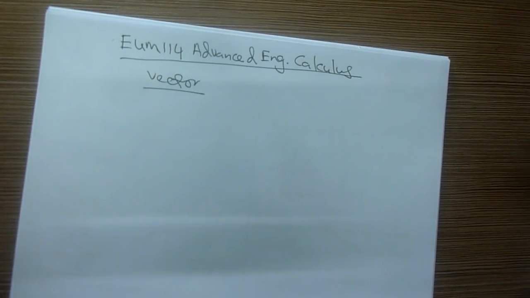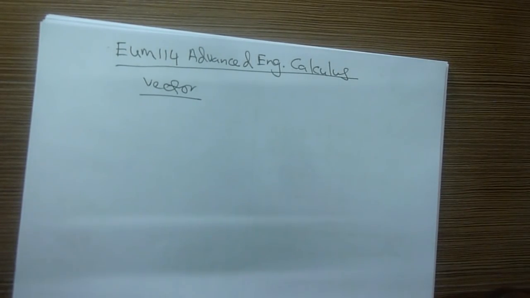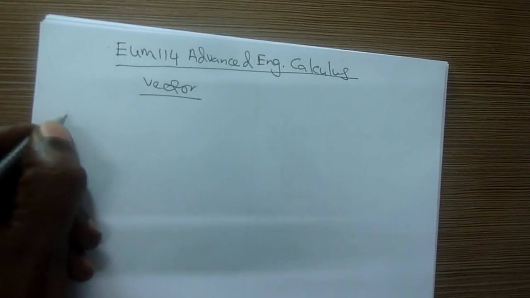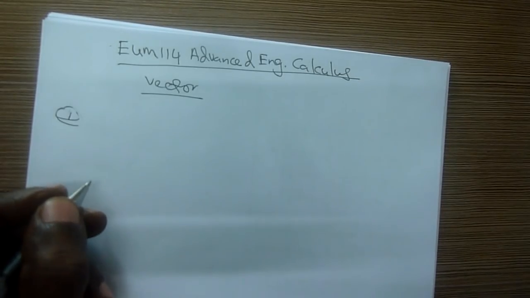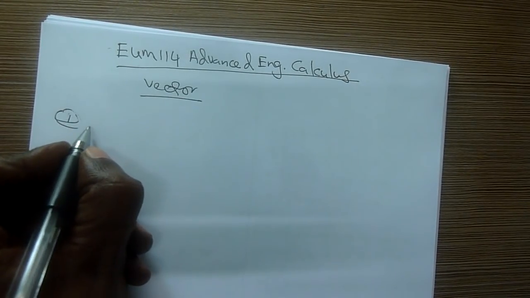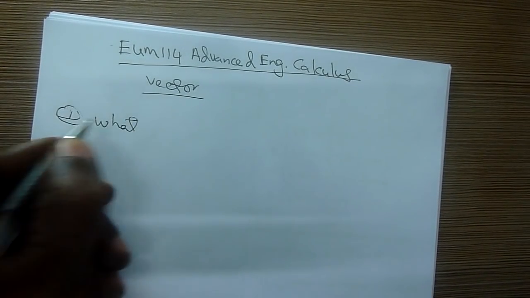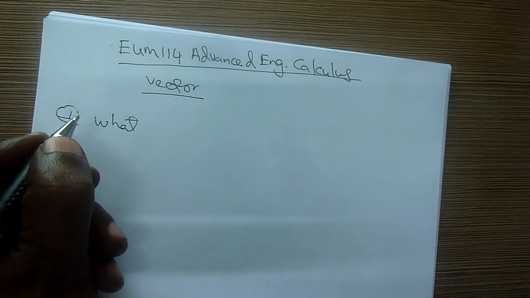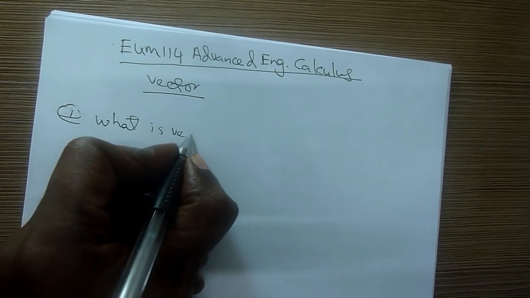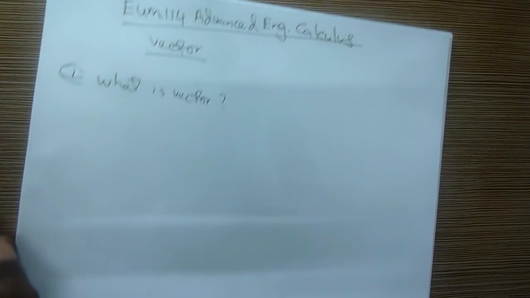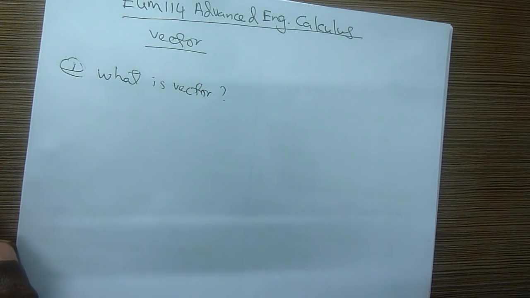Okay, let me proceed without taking much time, because I'm recording all my discussions. Therefore, what are the topics that will be covered in the vector? Okay, first I will cover with you what is vector. I'll try to define to you what is vector.